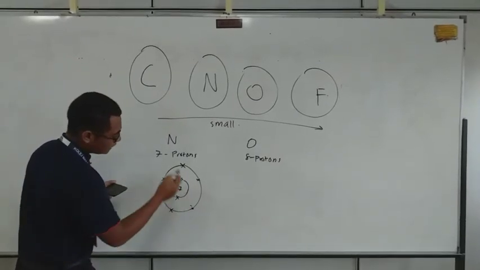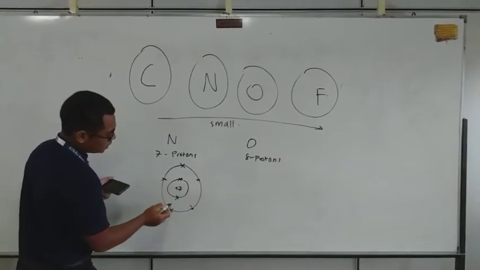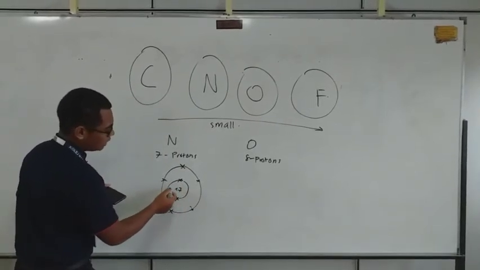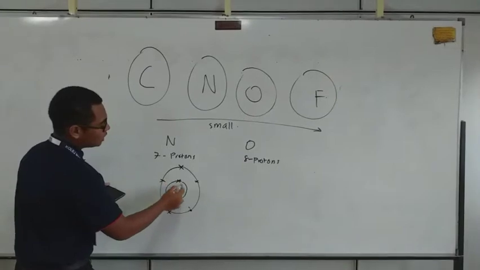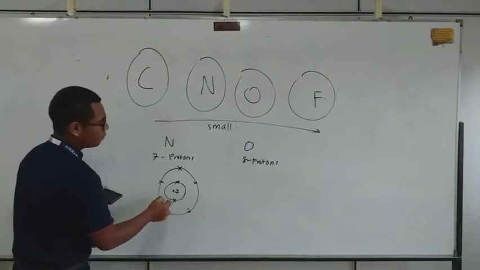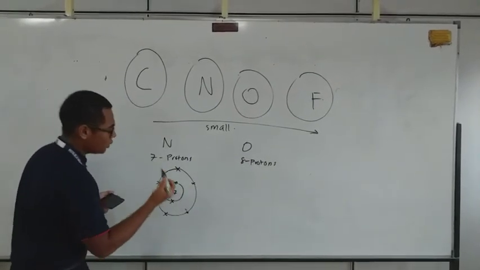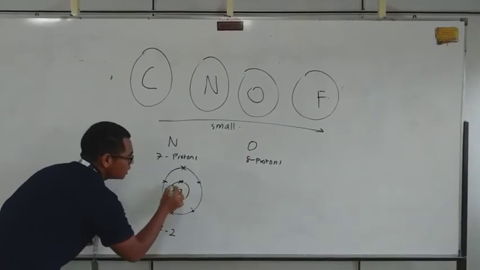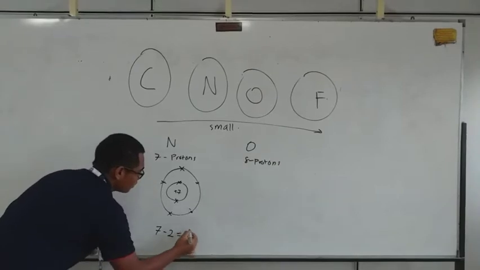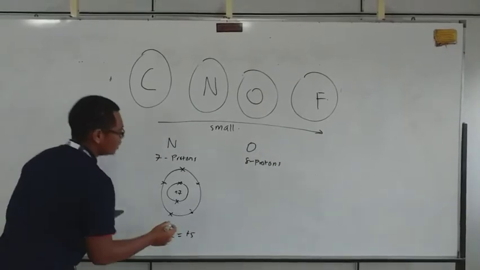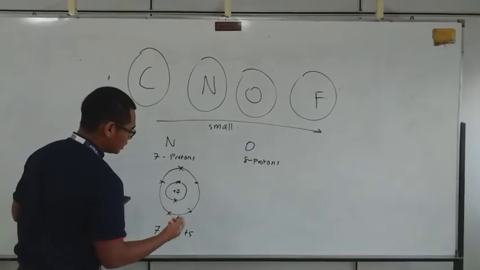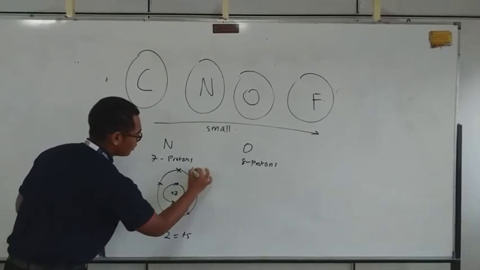By looking at this atom, the nucleus is +7 and the inner electrons covering the nucleus are 2. So 7 minus 2 equals +5. So the effective nuclear charge is +5.